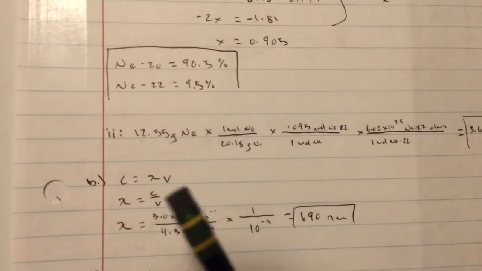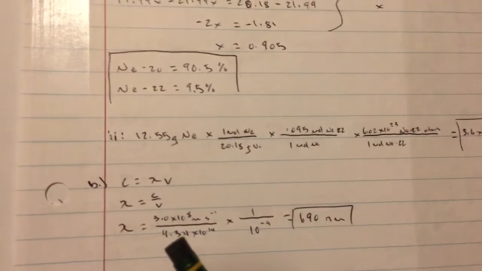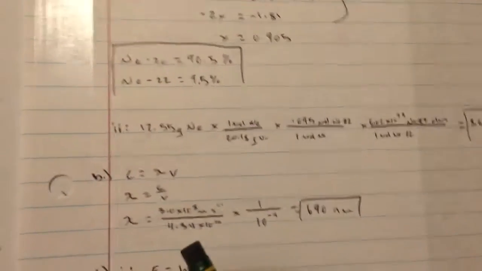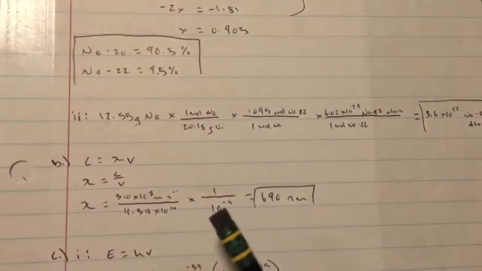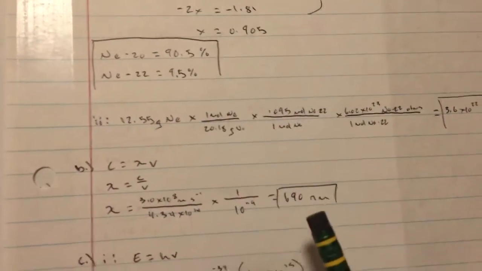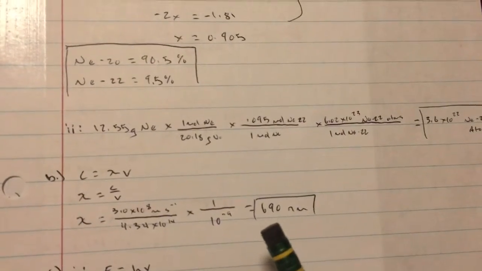And so we plug in the corresponding numbers. So it would be the constant c over our given frequency, and we multiply that or divide that by 10 to the negative 9 to convert the number to nanometers, and we get that it's 690 nanometers.